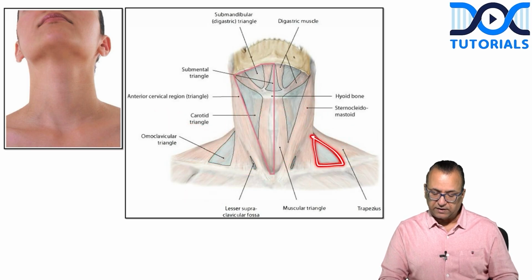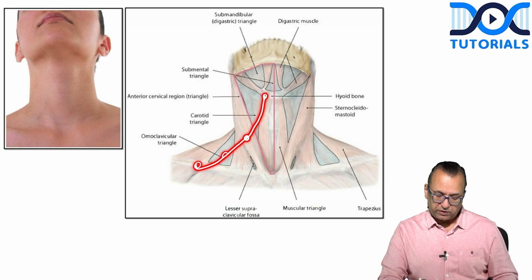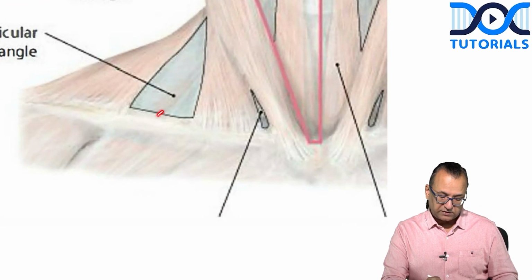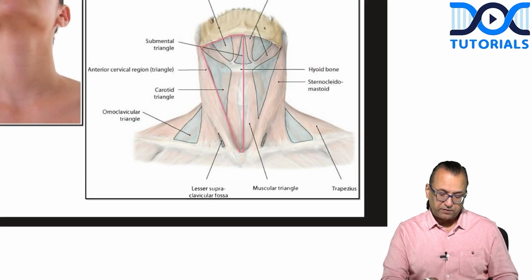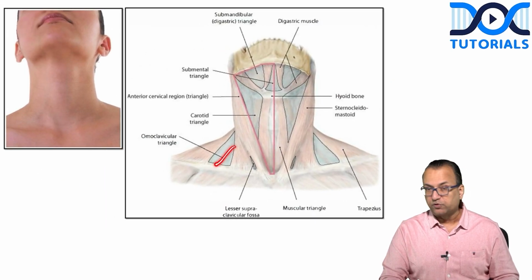This posterior triangle itself will be divided into two parts. As you know, there is inferior belly of omohyoid, superior belly of omohyoid. What you are seeing here is inferior belly of omohyoid. That will be superior belly of omohyoid. This inferior belly of omohyoid will divide the posterior triangle into two parts.